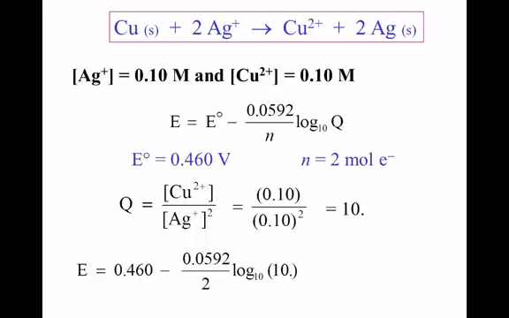I'm not sure how I rounded it. To me, it looks like I need 2 significant figures. I bet I gave myself 3. Yeah, I'm kind of liking 2 sig figs for that, but I can live with that. So we got 0.430 volts.